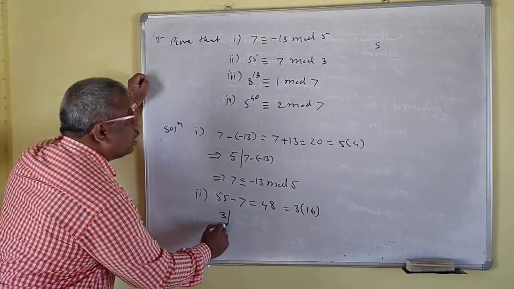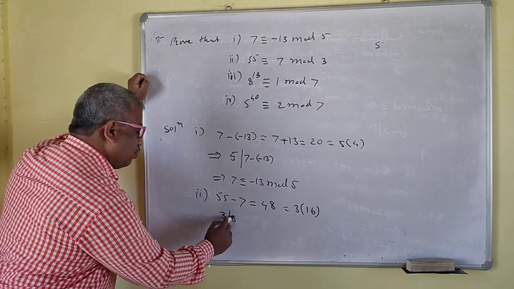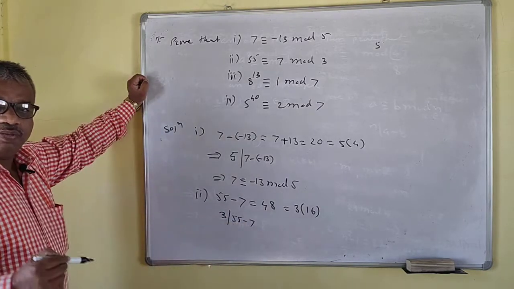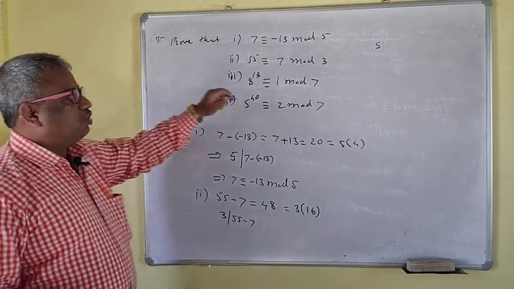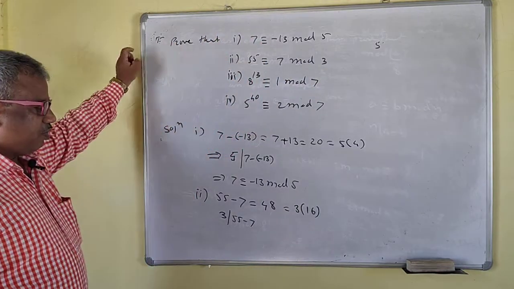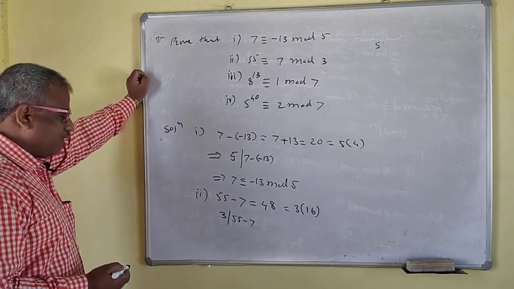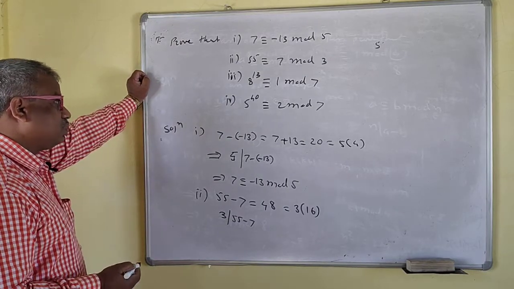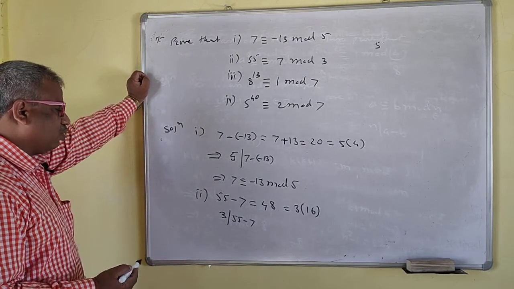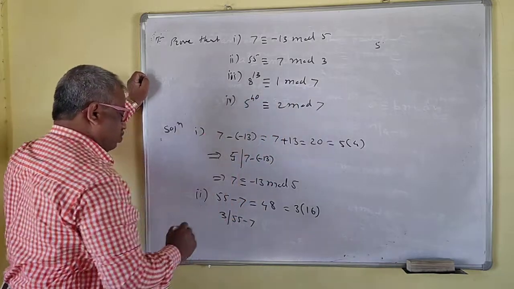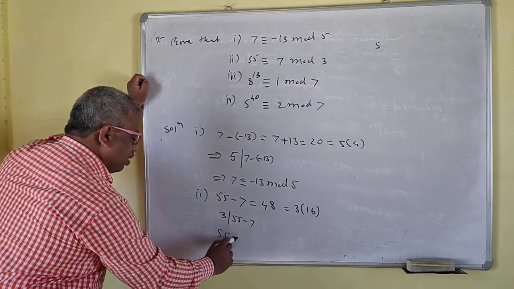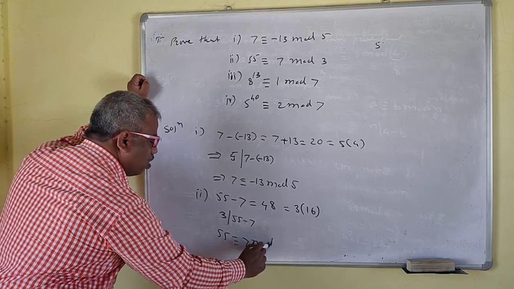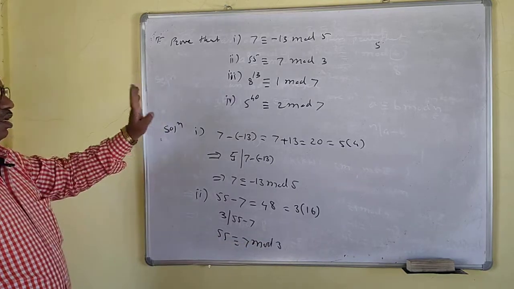That means 3 divides 55 minus 7. It may happen that 16 also divides this, no problem. So 55 is congruent to 7 mod 3. So it is true.